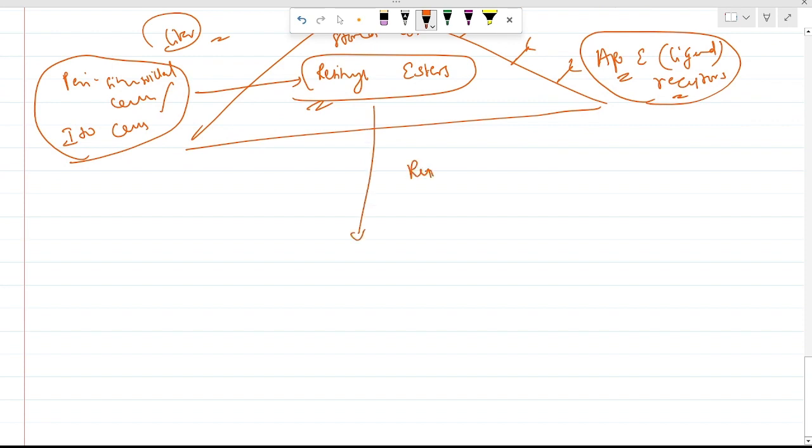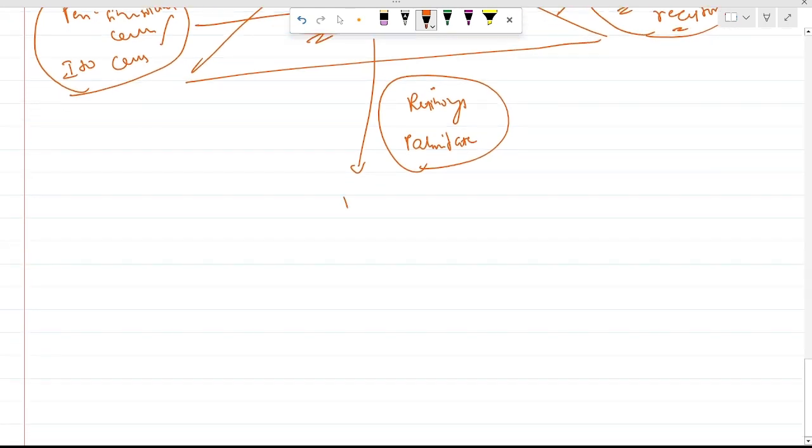The action of retinyl palmitate forms retinol, to which, remember, two important compounds are attached. The first compound is transthyretin.